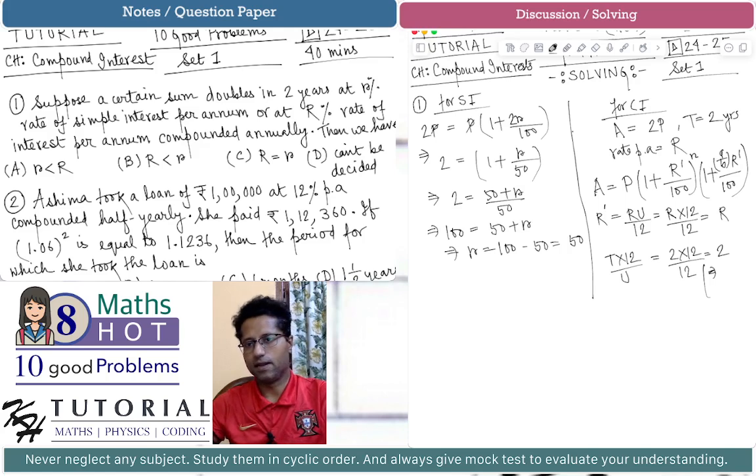So if n and a by b becomes 2, this will imply n is equal to 2 and the fraction a by b is equal to 0.